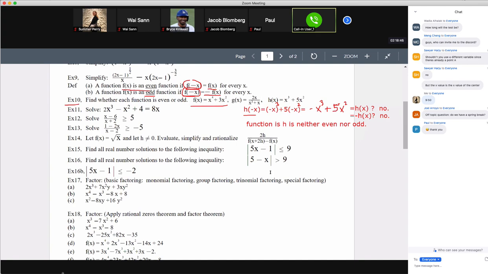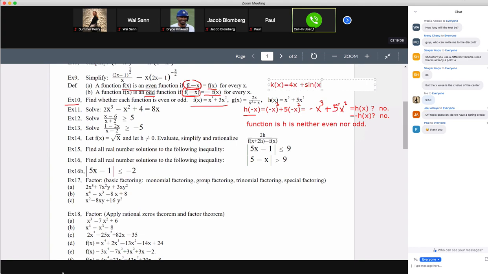Let me give an odd function then. How about k of x equal to, how about 4 times x, and then plus sine of, you know what?